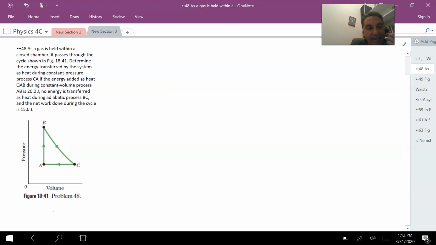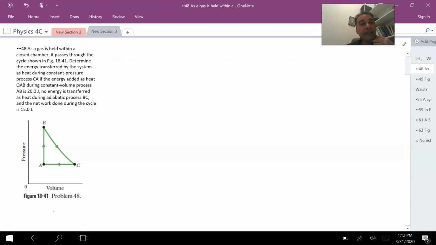It says as a gas is held within a closed chamber, it passes through the cycle shown in this figure.